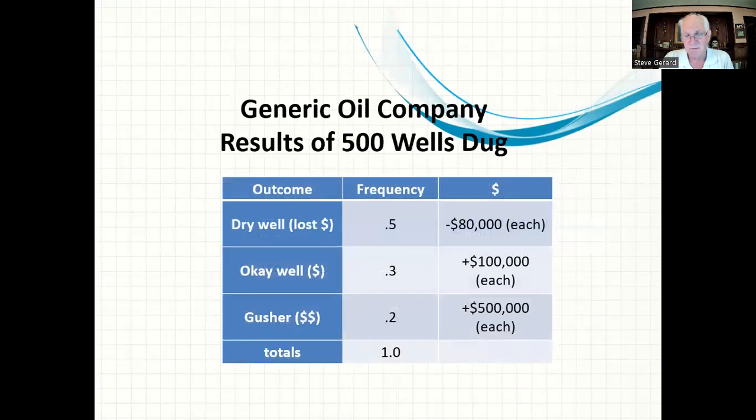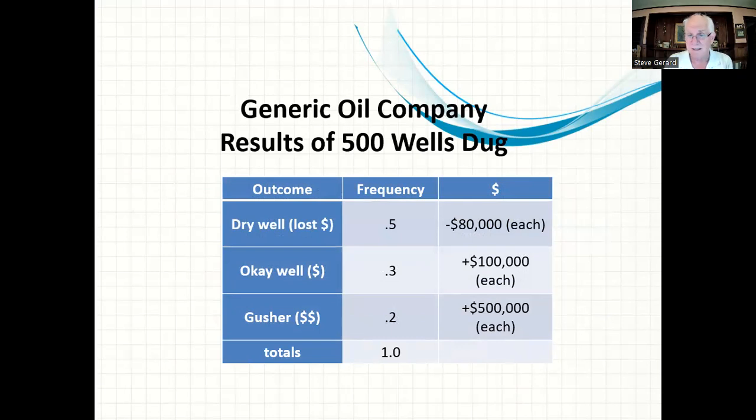Let me give you a different kind of scenario here. Suppose I have a generic oil company and we dig oil wells. And over the past 5 years, say, we have dug 500 wells. And based off of that, half of them, 0.5, 250 out of that 500, have come up dry.